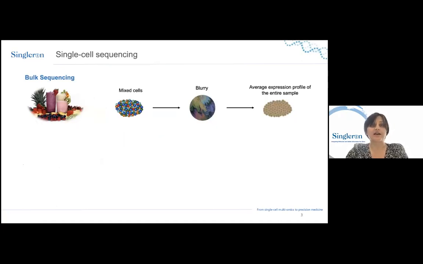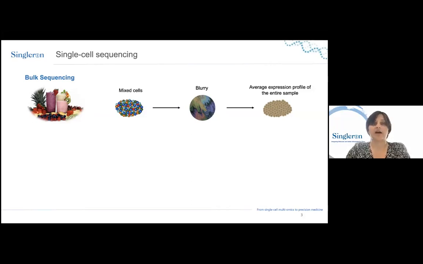So firstly, let me talk about what single-cell sequencing actually is and why it is important. You might know that next generation sequencing technology, and especially transcriptome analysis using RNA-seq, has advanced the field tremendously. It provides valuable information on gene expression across all genes studied. The problem arises if you work with samples that consist of mixed cells.